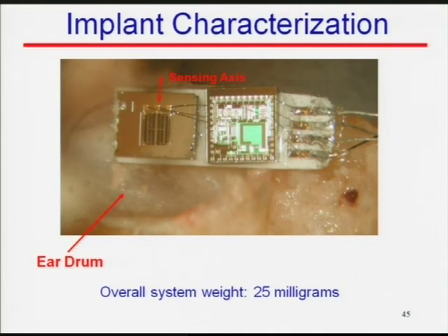So this is the sensing axis. If the output analog voltage derived from the accelerometer output, if everything works right according to the signal processing concept I illustrated earlier, and I take the output voltage here to drive a speaker, the speaker is supposed to produce the same sound as you use to stimulate this ear.